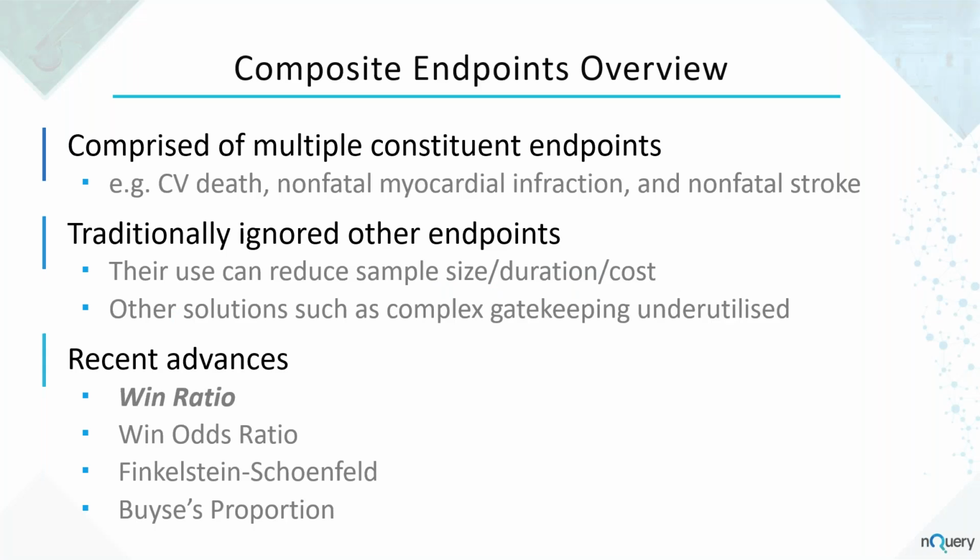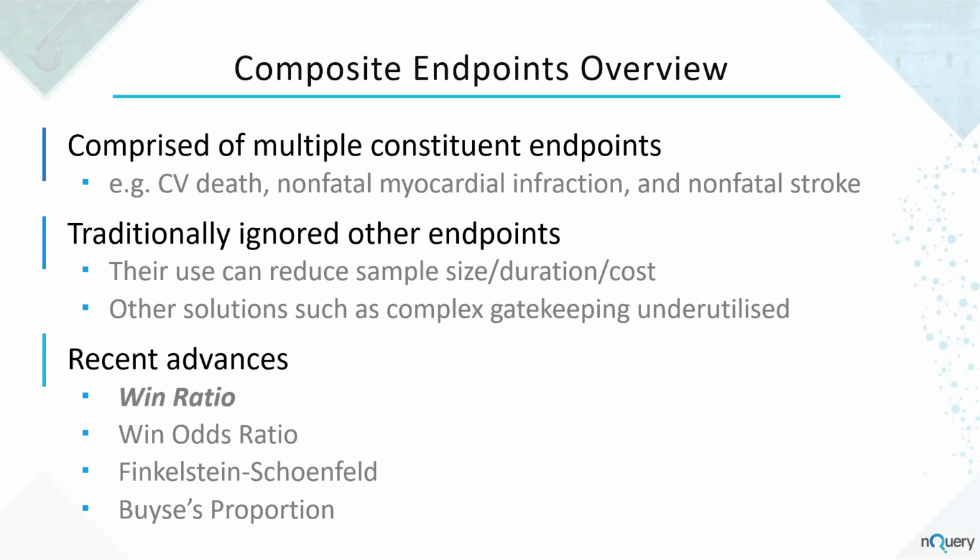Okay, so obviously, as you can imagine, composite endpoints are comprised of multiple constituent endpoints. This type of endpoint is actually very common in areas like cardiovascular disease, for example.